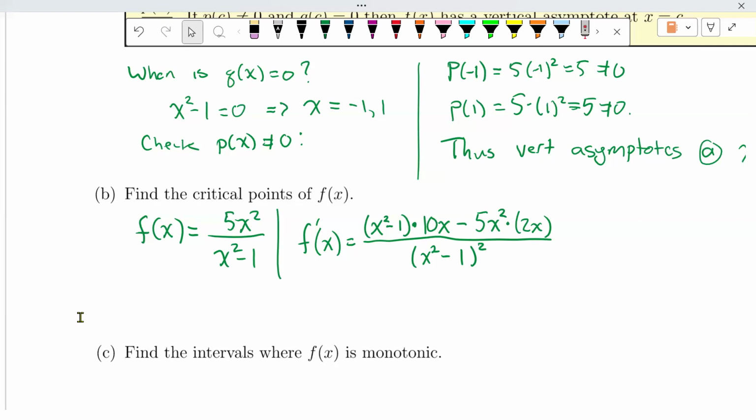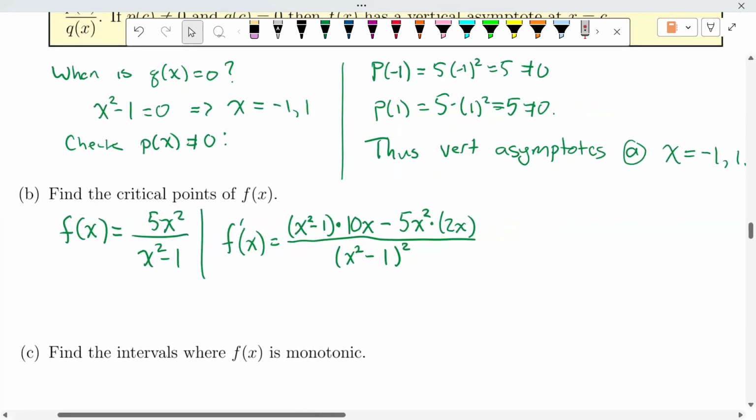Now, to find when the derivative is 0, I unfortunately need to simplify my numerator. So this is where doing algebra right really matters. I'm going to take x squared minus 1, and I'm going to distribute this 10x across. So I will get a 10x cubed minus 10x.